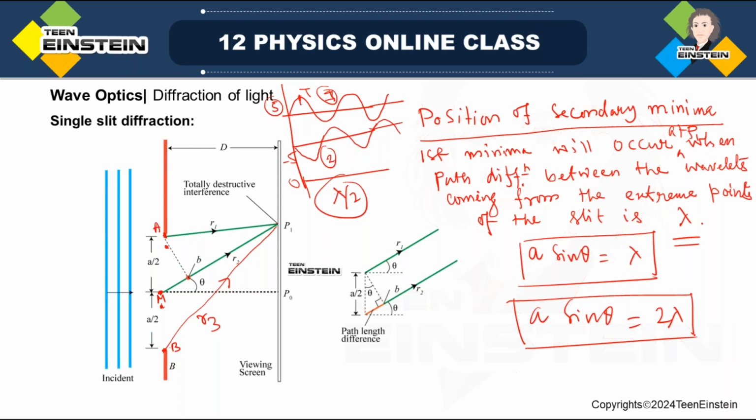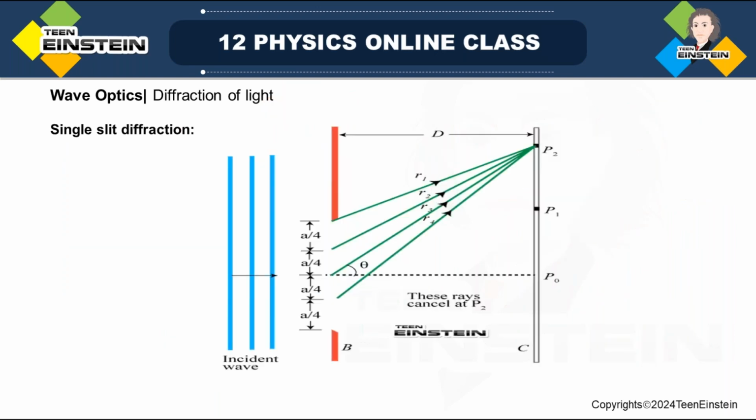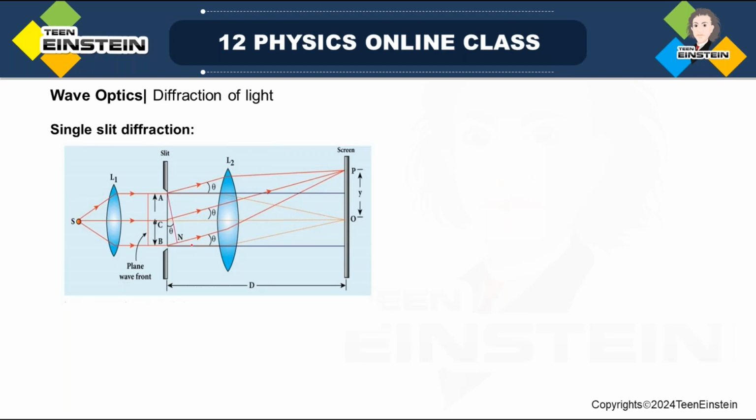Let me explain how. Suppose you have 2 lambda path difference between the rays. Say this is ray 1, R1, this is R2 and R3.